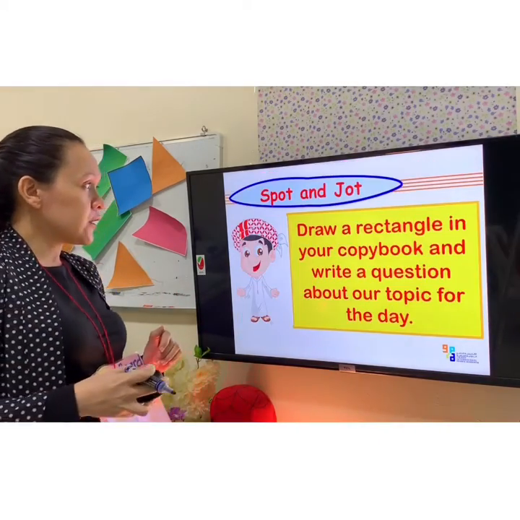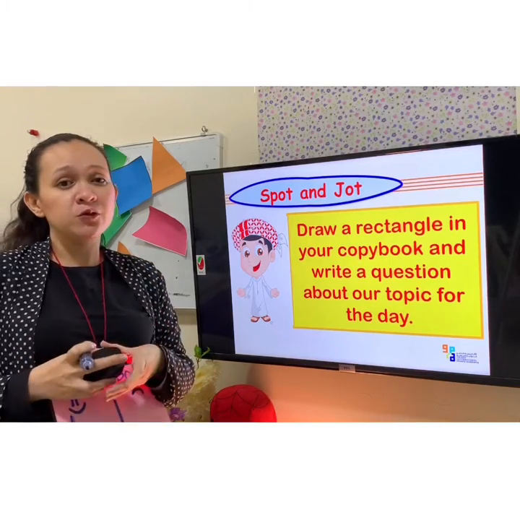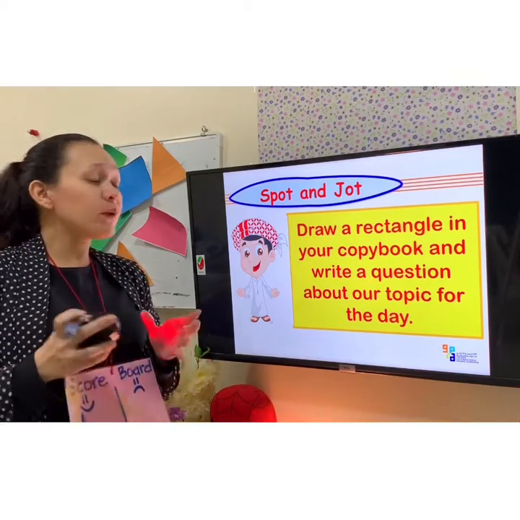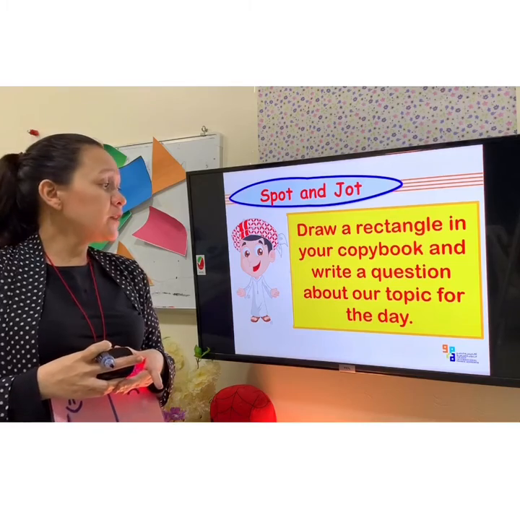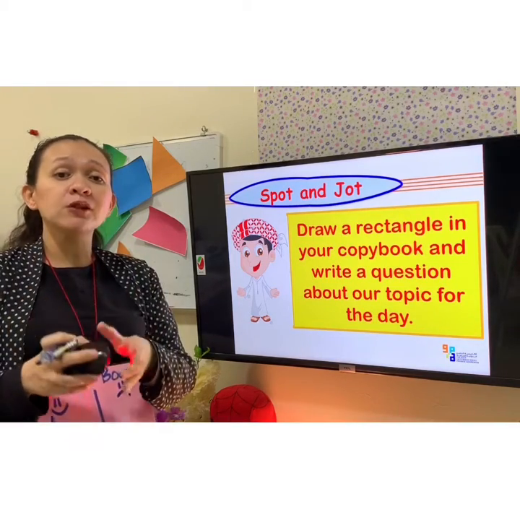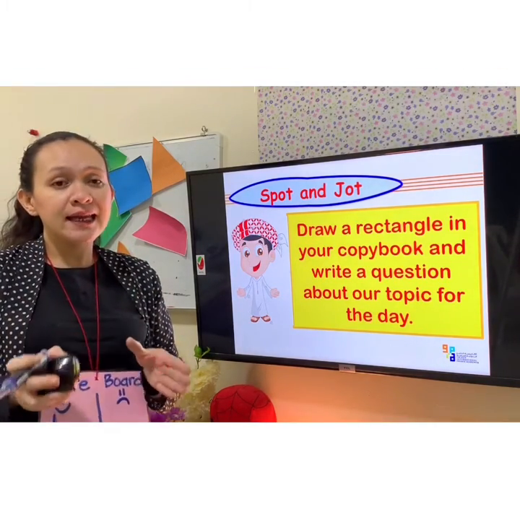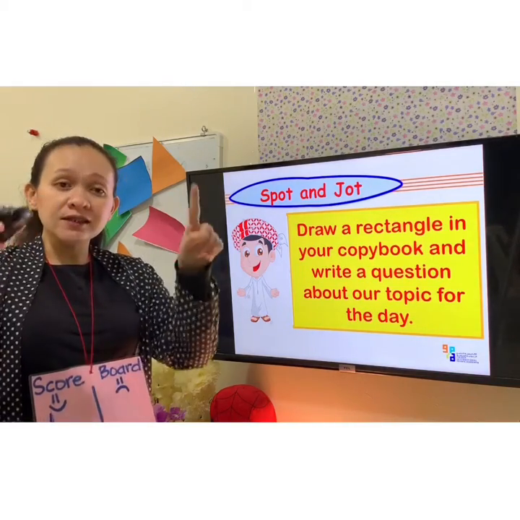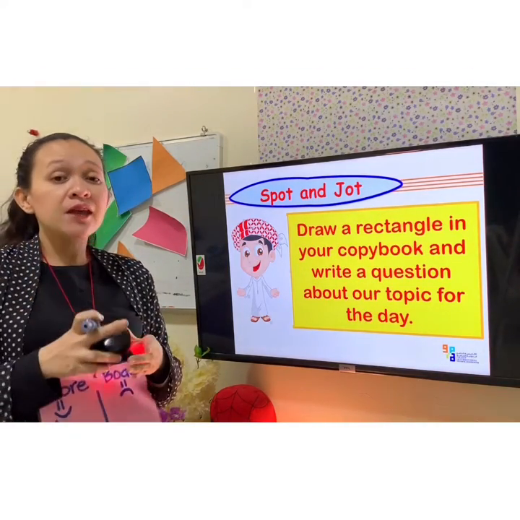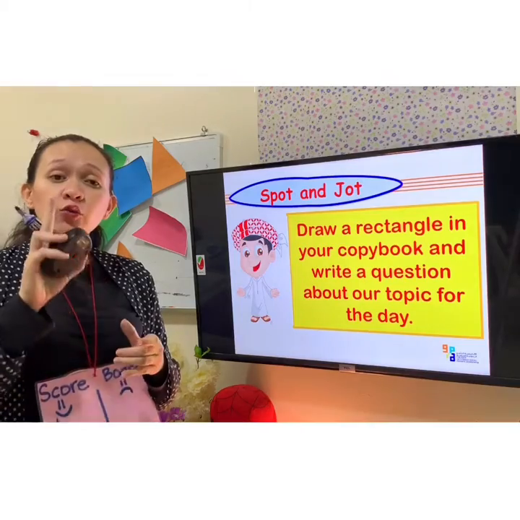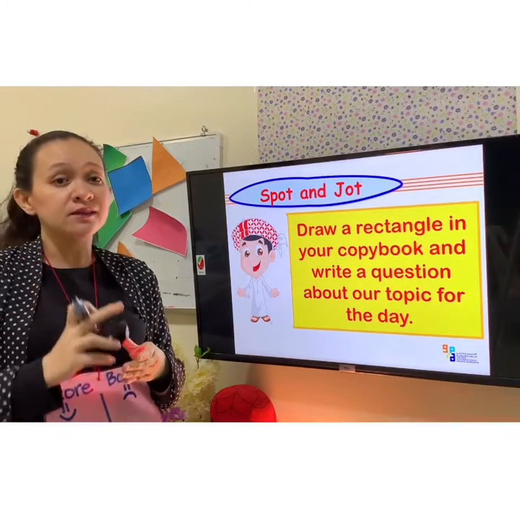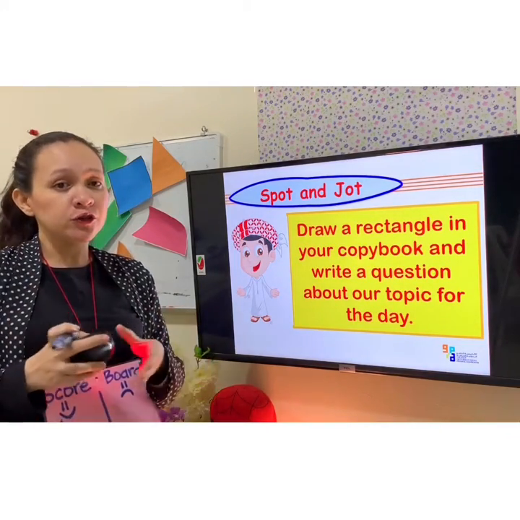Now, if you have your copybook with you, I want you to draw a rectangle in your copybook and then write one question inside that rectangle about our topic for today.